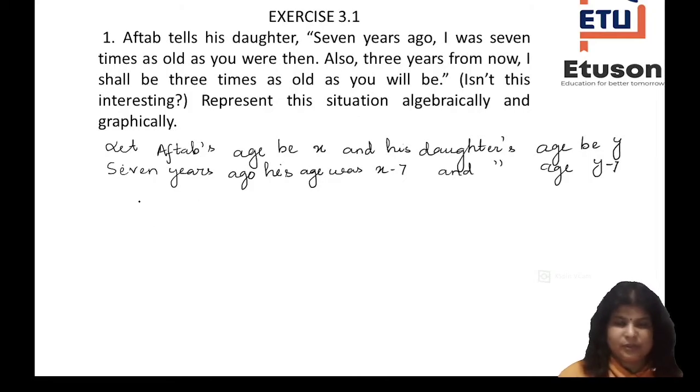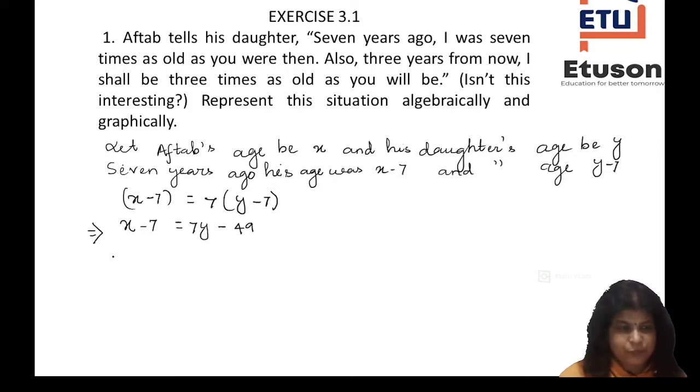So, that time, x minus 7 was equal to 7 times y minus 7. So, let us simplify it. That is, x minus 7 is equal to 7y minus 49. So, it is x minus 7y plus 42 is equal to 0. So, this will be your first equation.